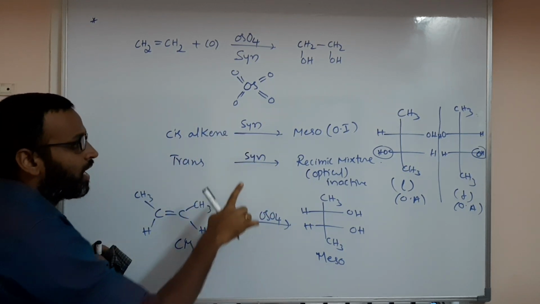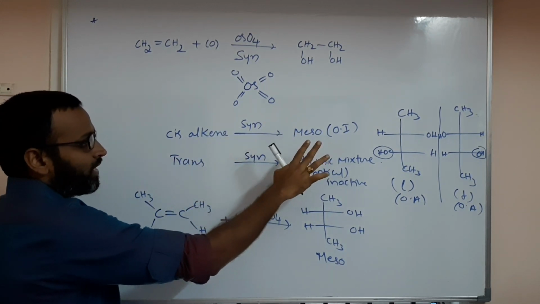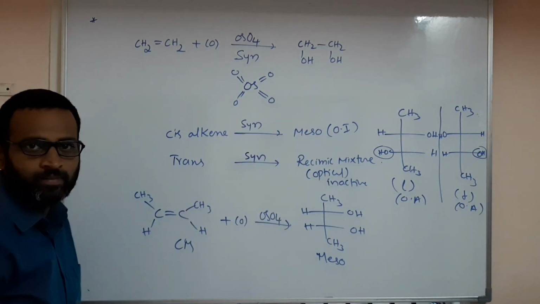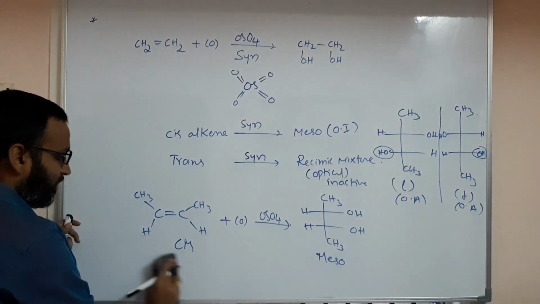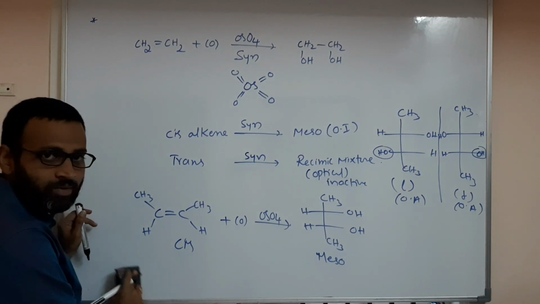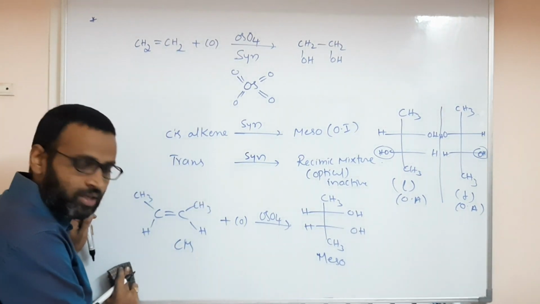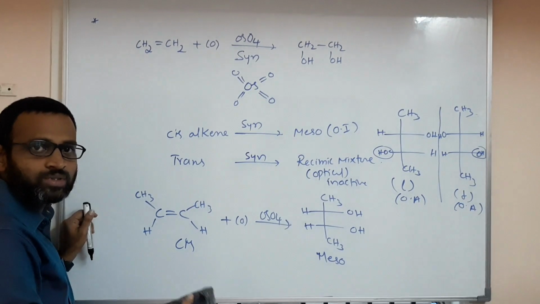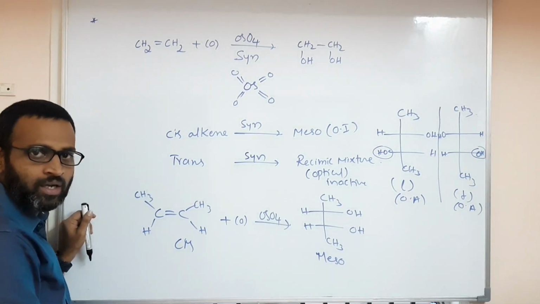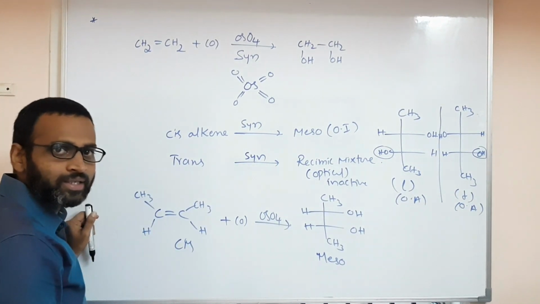If you are doing anti-addition, then you will get the opposite products. Remember this, that is also very important. In the previous video I explained which are trans additions and which are cis additions. Nickel with H2 is cis addition, syn addition; metal with hydrogen is syn addition.